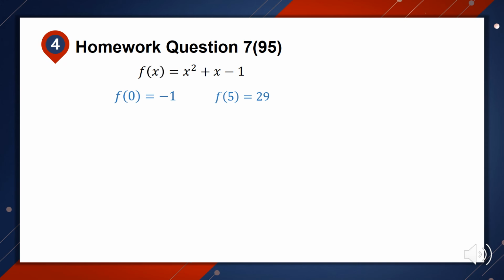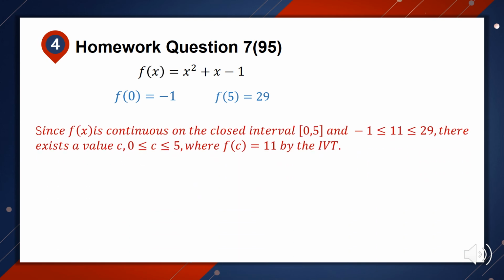Since f of x is continuous on the closed interval 0 to 5 and negative 1 is less than or equal to 11 and less than or equal to 29, there exists a value c, 0 less than or equal to c and less than or equal to 5, where f of c is 11 by the intermediate value theorem. So 11 is equal to x squared plus x minus 1 and x is equal to 3.